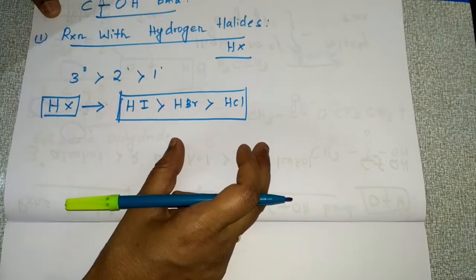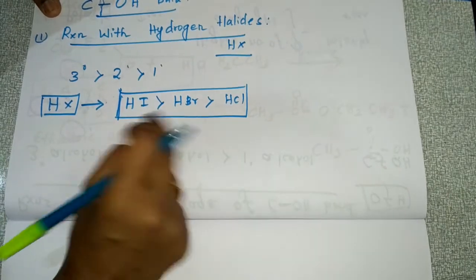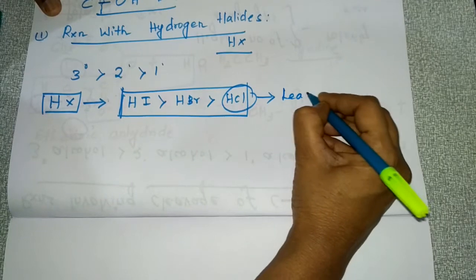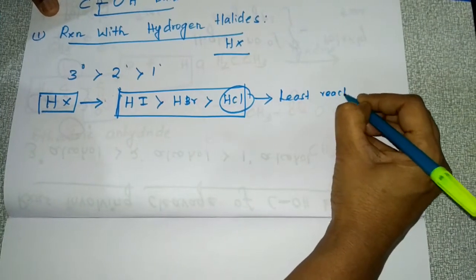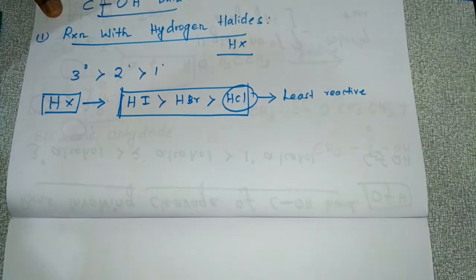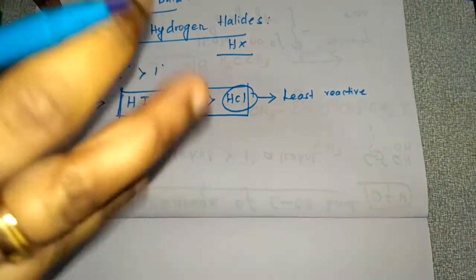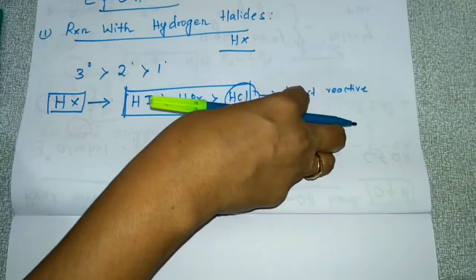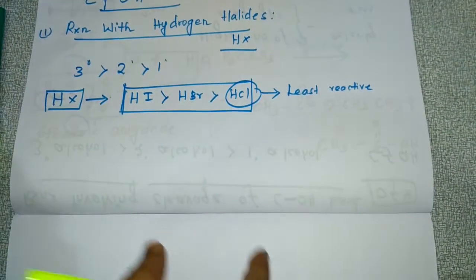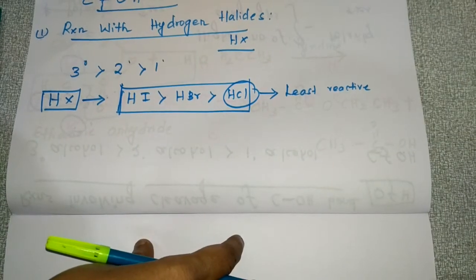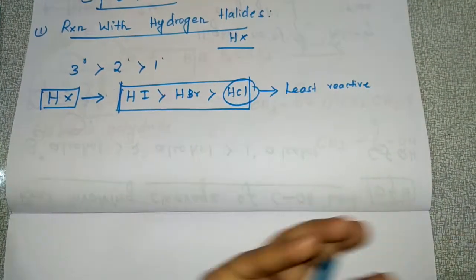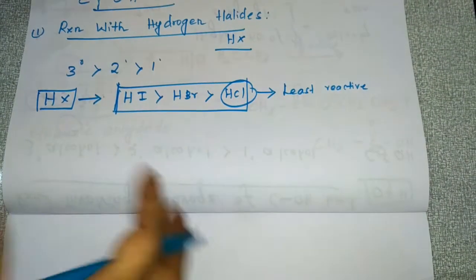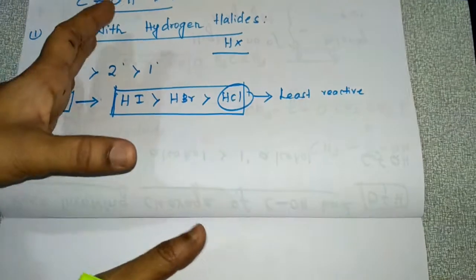In this order, HCl is the least reactive. So if HCl is reacting with primary alcohol or secondary alcohol, you have to use anhydrous zinc chloride, because HCl is least reactive.